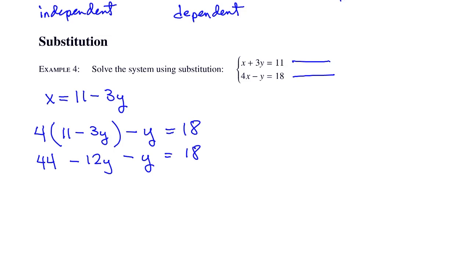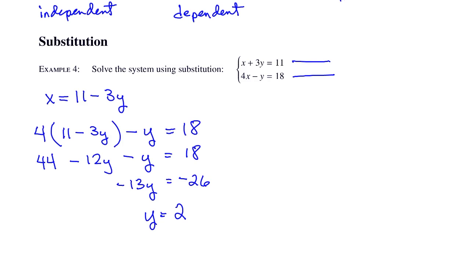Negative 12y minus y is negative 13y. 18 minus 44 is negative 26. Divide both sides by negative 13 and you get y = 2. So that's half of the solution.